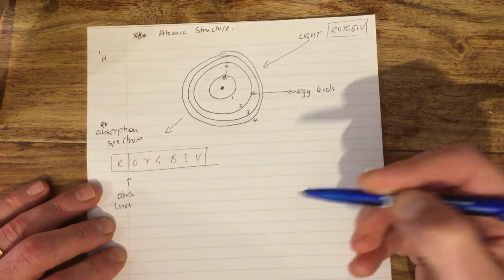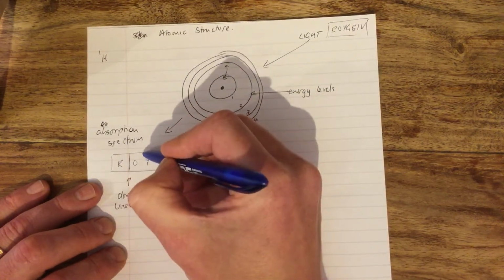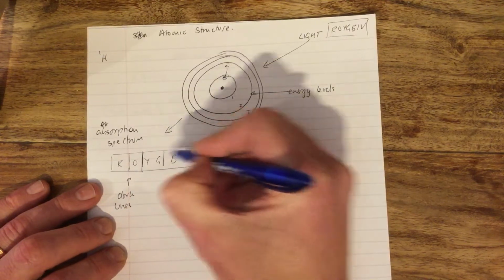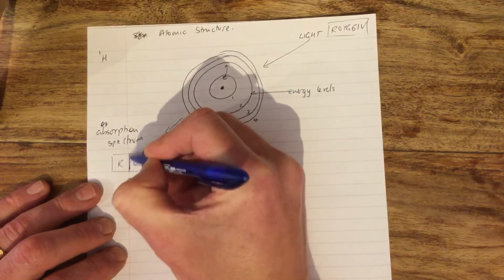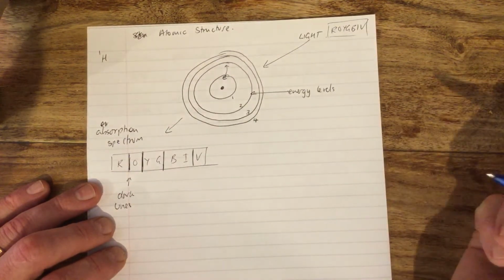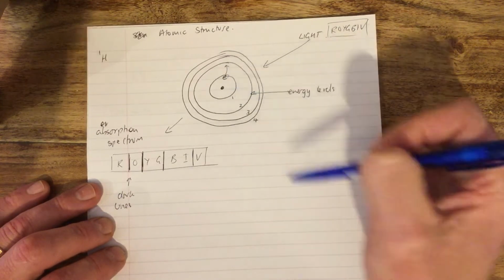This is where energy has been absorbed and the energy is missing. So we might have one there, one here, and one here. Now this is unique for each individual atom. For hydrogen it's going to be quite simple because we're only dealing with 1 electron.